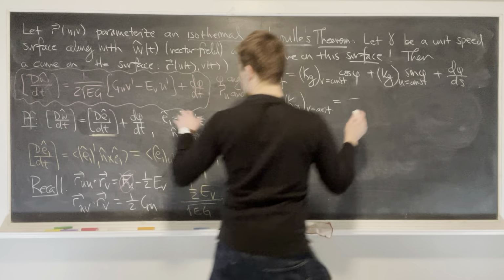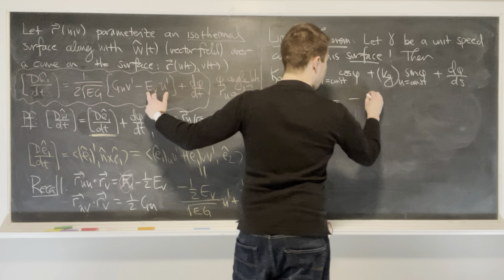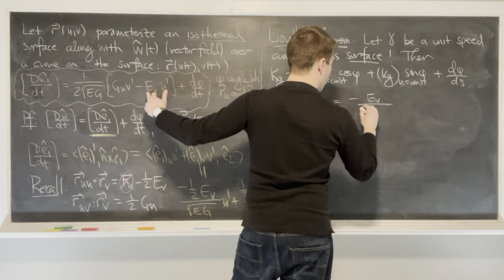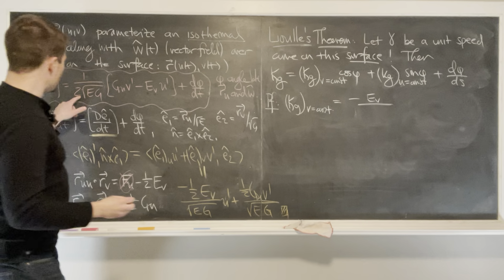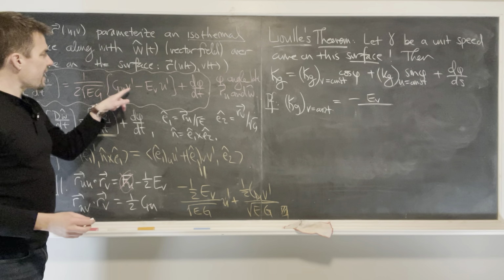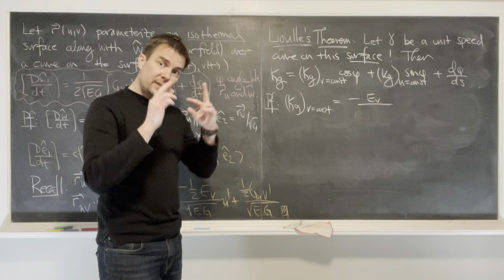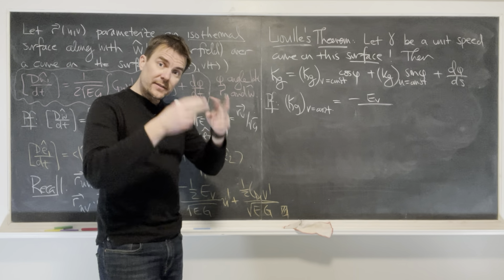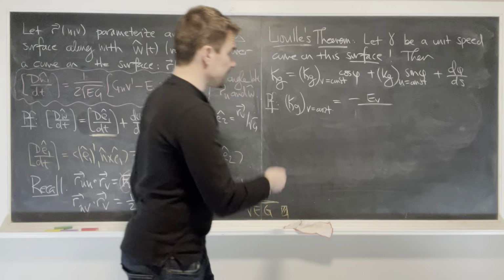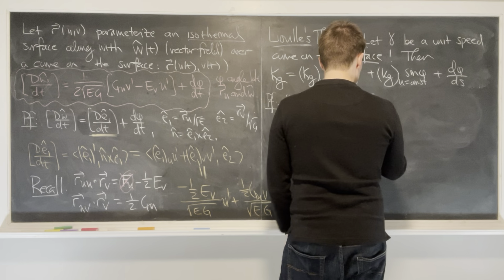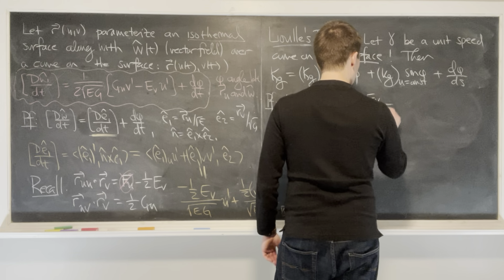A negative E_v over, I would ordinarily have a 2 root E root G, but then I have to hit that with u prime. And so u prime is with respect to t, so I have to do du dt, and then dt ds, right? So I get a factor of dt ds, which is root E on that curve, right? So it's going to be a 2E root G.